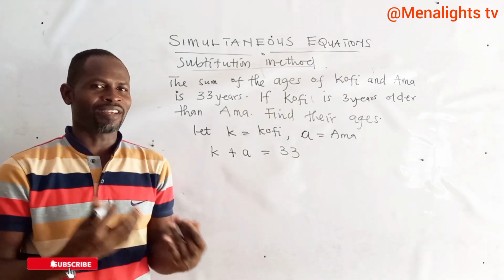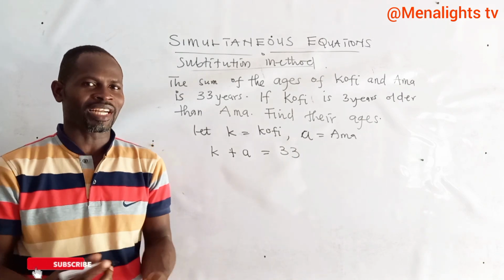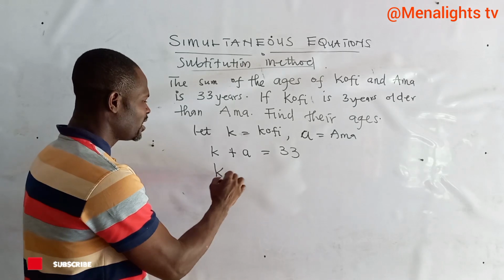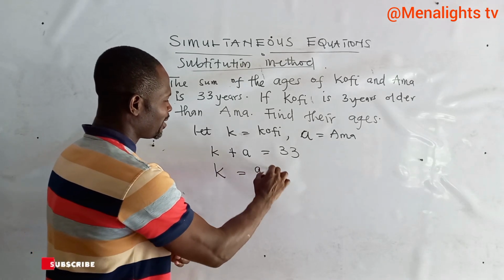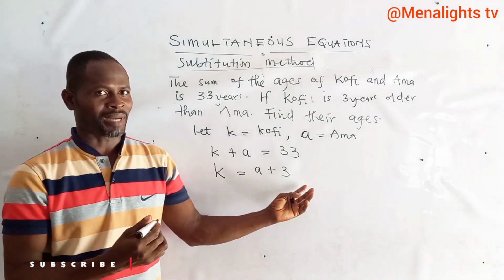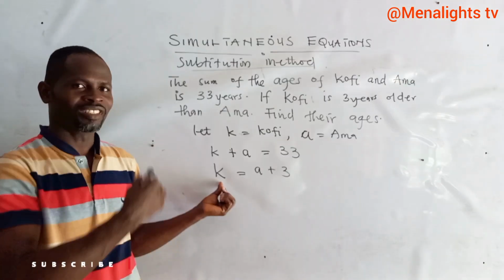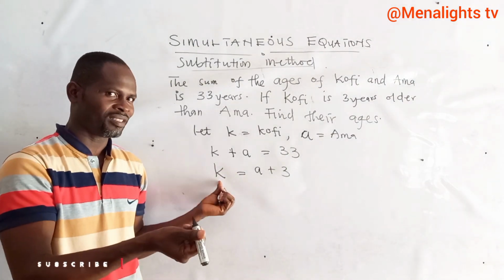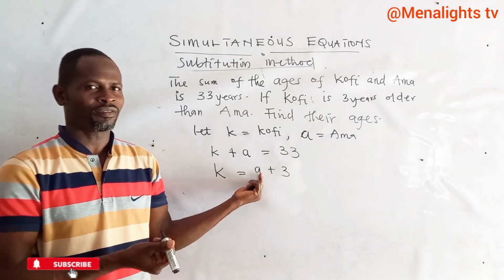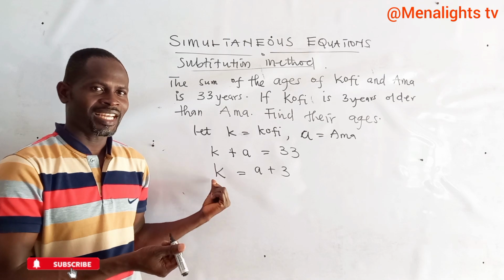Or when we subtract 3 from Kofi's age, we are getting the age of Amma. So you can say that K is equal to A plus 3. Why do we say Kofi is equal to Amma plus 3? Because Kofi is 3 years older than Amma. So for us to get the age of Kofi, we need to add 3 to the age of Amma.